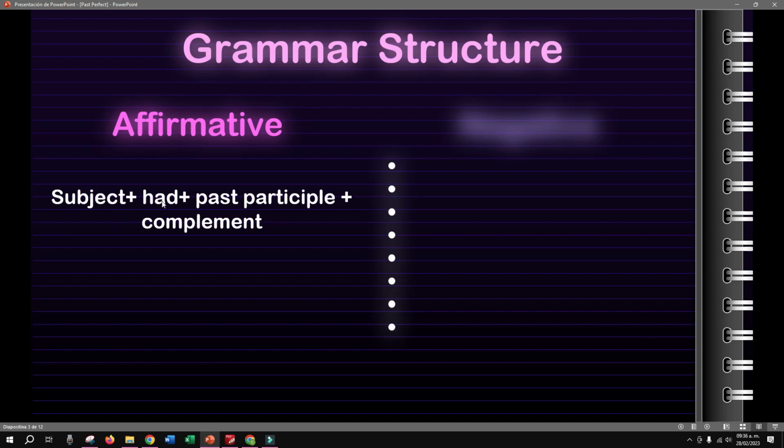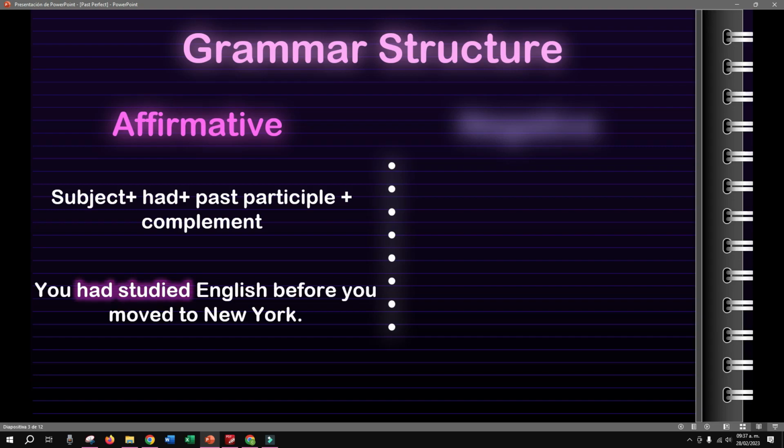But in this case, you're going to use had. That is the past, right? That will be the auxiliary, and then you're going to have the past participle of the verb, right? And also the complement.